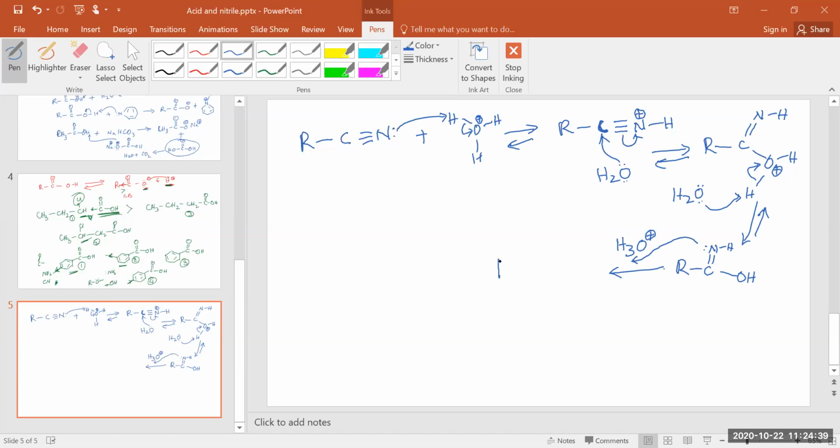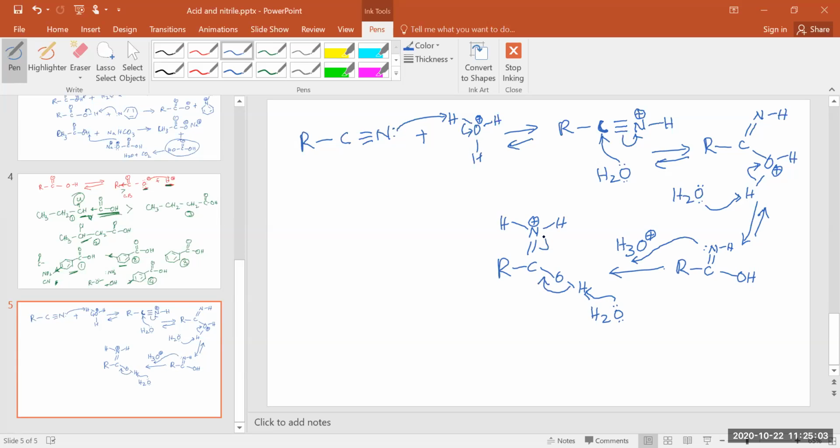So here you'll get RC, nitrogen positive charge, and OH. So this OH, it's acid catalyzed. This will be removed and you see this will go here.